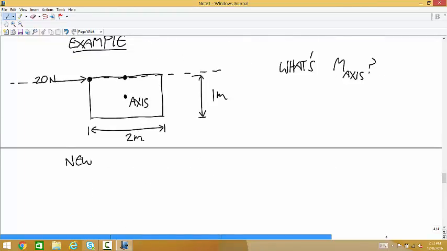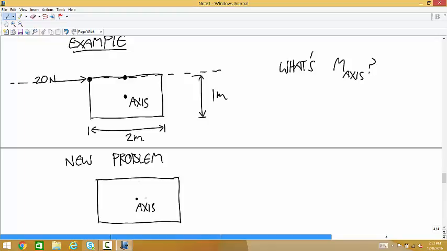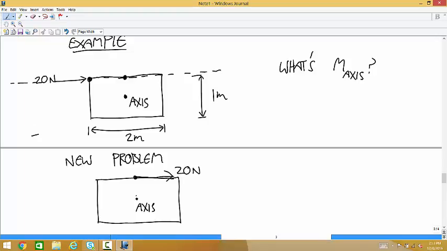So you can think of this as like the new problem. Now the axis is here. The force is applied here. If you draw a line from the axis to where the force is applied, these are perpendicular.